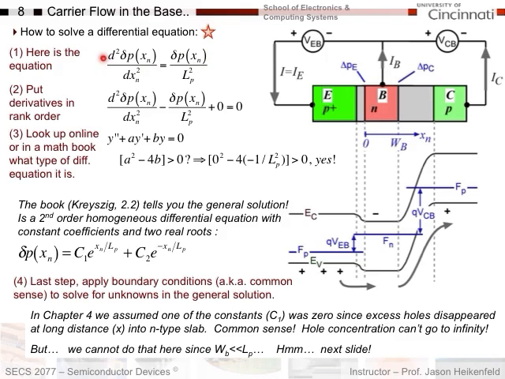And again, the differential equation just gives you general behavior of some type of system, but it doesn't give you the exact solution. So the next thing I do after I have my differential equation, identify, of course, that's a differential equation, is I put my derivatives in rank order. So basically here's my second derivative of this function, d squared dx squared of this function.